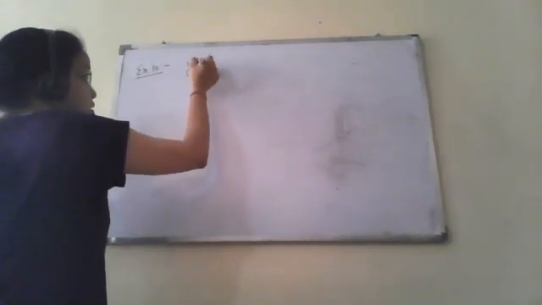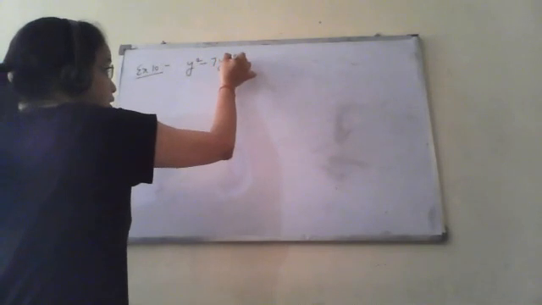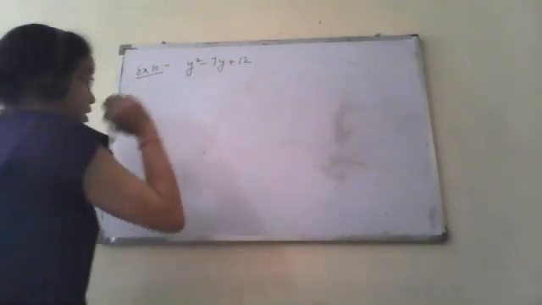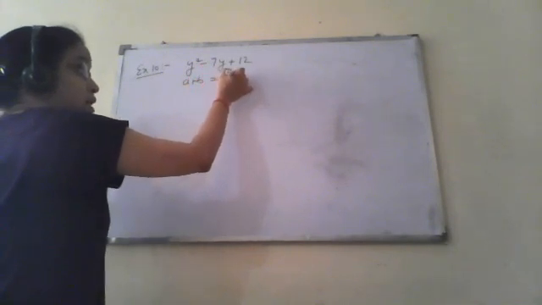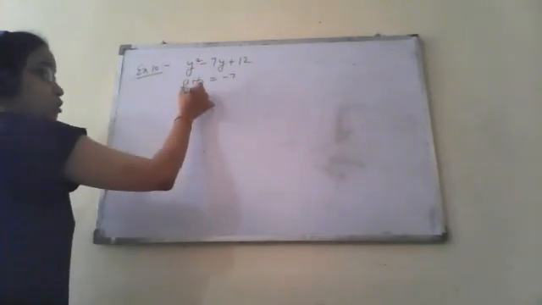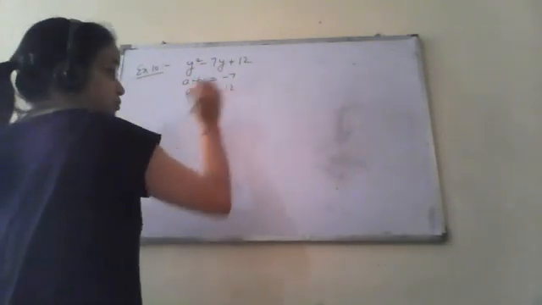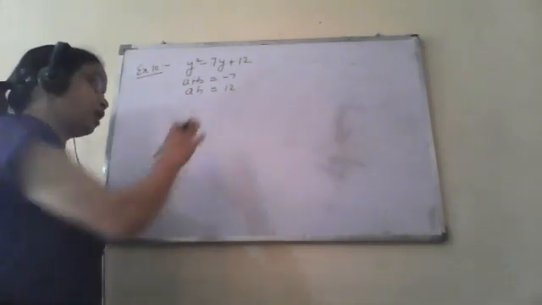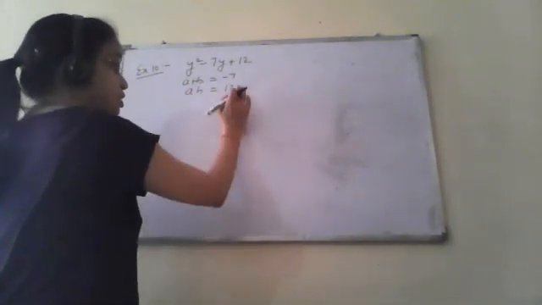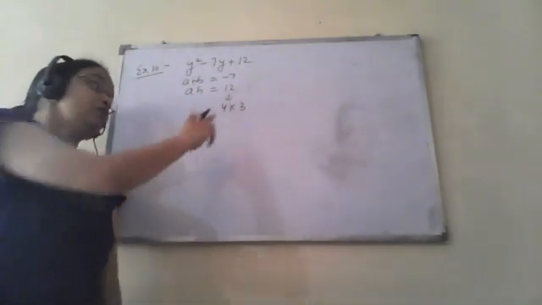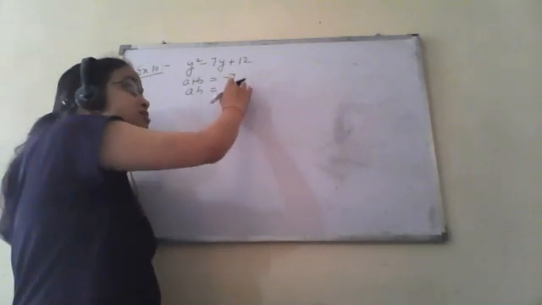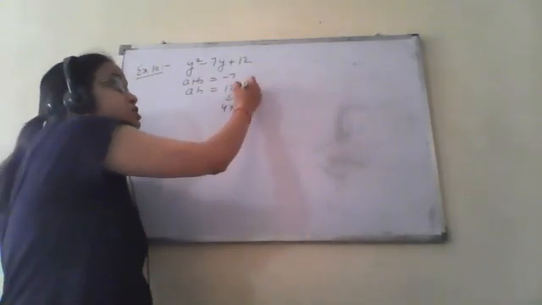Here the value of a plus b is minus 7 and the value of a into b is 12. Now this 12 can be written as 4 into 3. When we multiply 4 into 3, the answer is 12.